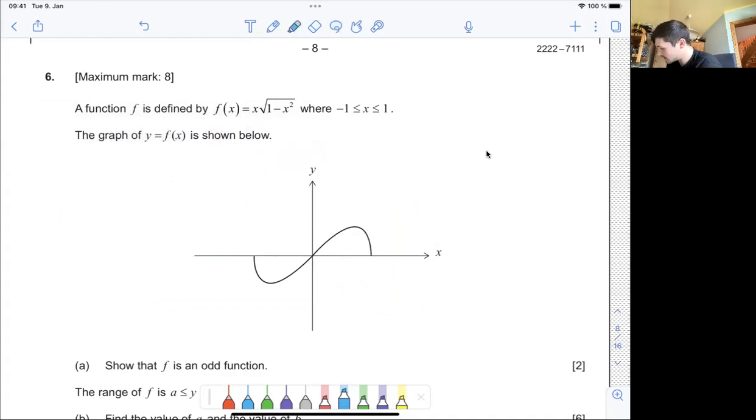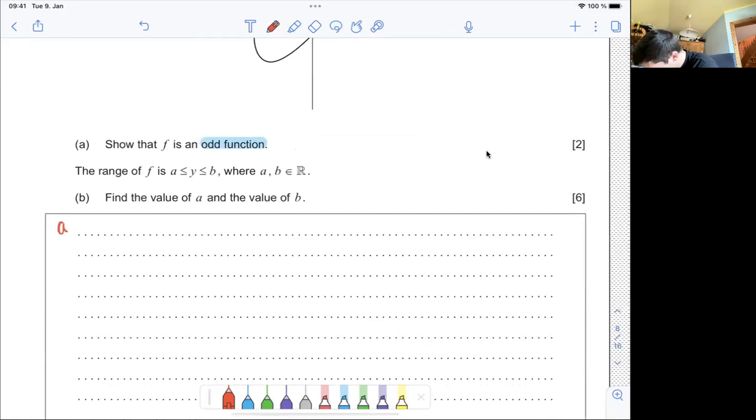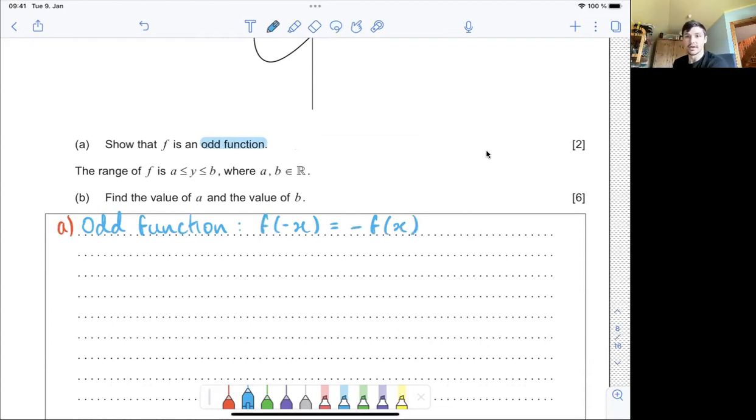All right, so let's highlight our important info. Let's take the function itself, the domain, and we'll say odd function here. So an odd function is, as I said, when f of negative x is equal to negative f(x), then that means we have an odd function.